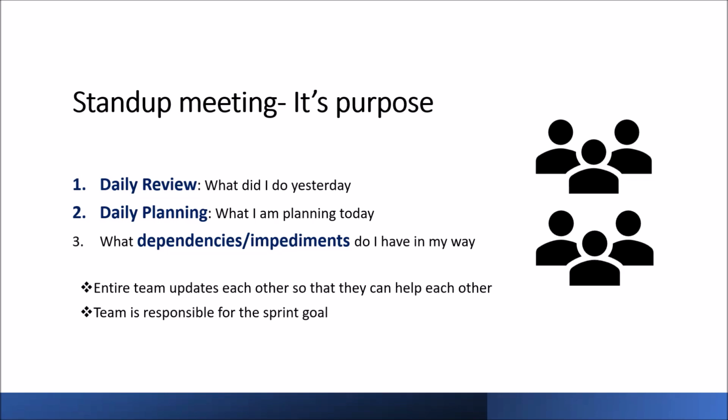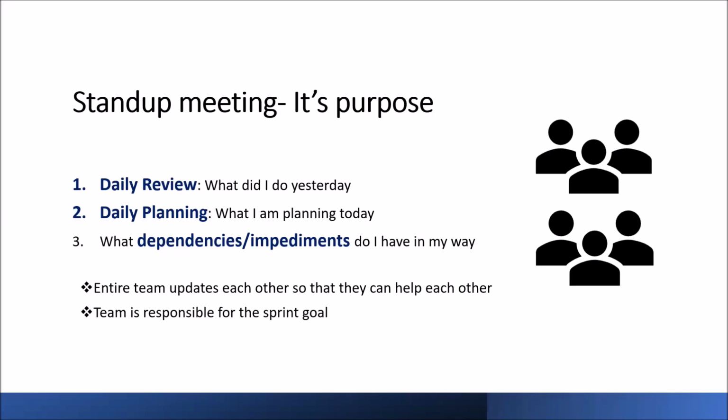So we expect each team member to provide updates about these three aspects, but actually we are conducting daily review, daily planning, and impediment resolution on a daily basis. When a team member says what did I do yesterday, he's actually doing a review of yesterday's work.